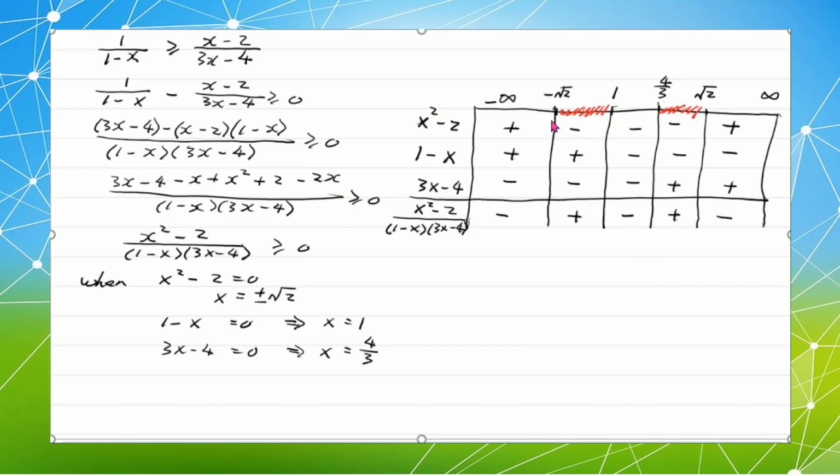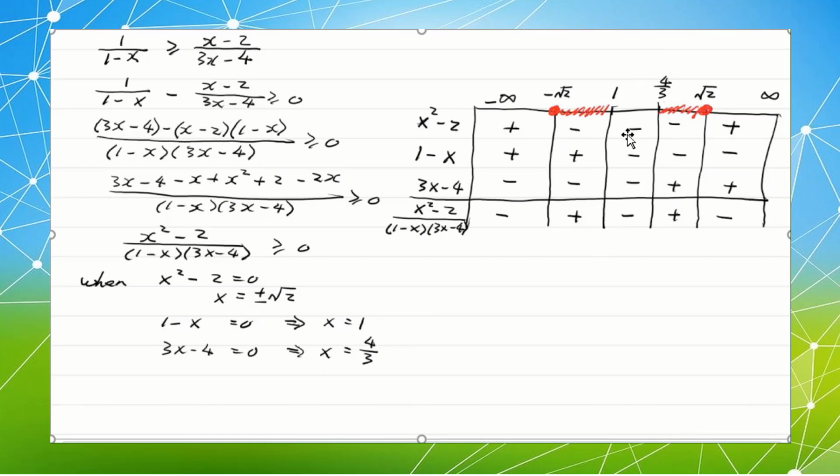Now we look at the boundary values. Since negative square root of 2 comes from x power 2 minus 2 equal to 0, it means negative square root of 2 is included in the answer, and the same for positive square root of 2, it is included.